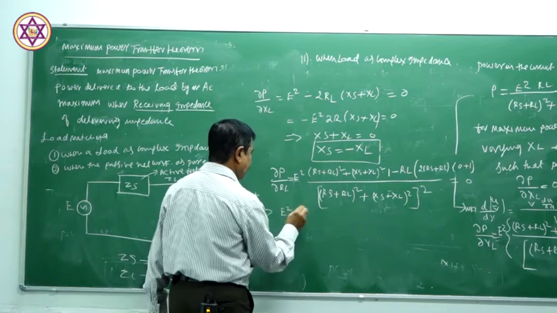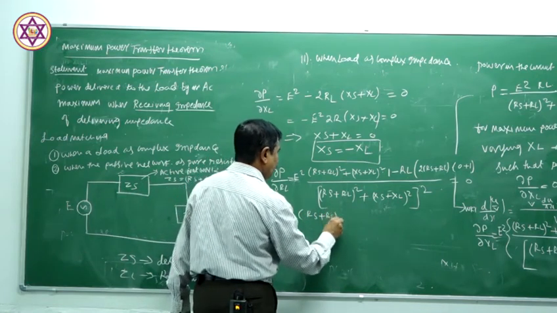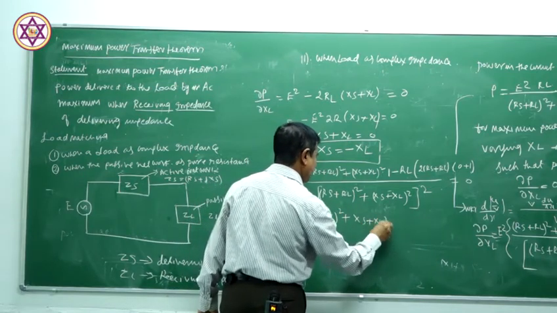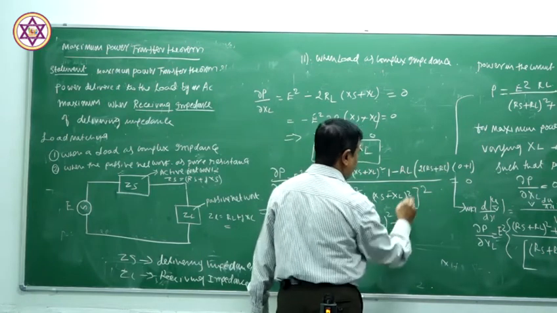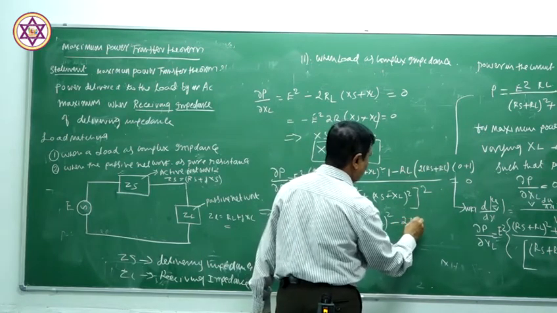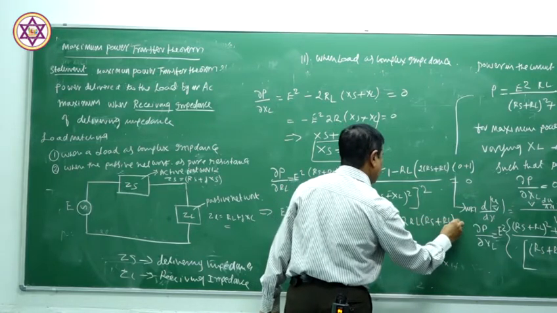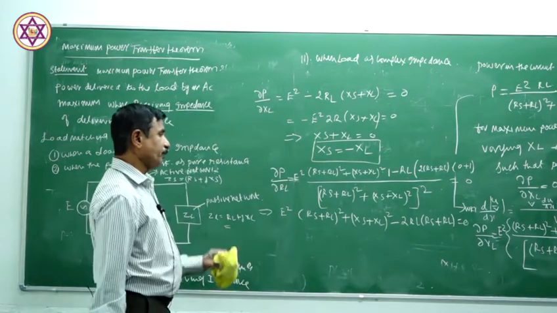E squared into (RS plus RL) the whole square plus (XS plus XL) the whole square, minus 2RL into (RS plus RL), is equal to 0. So E squared cannot be 0.